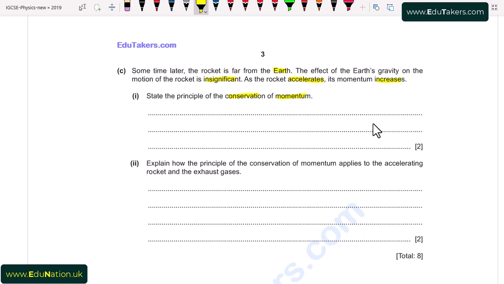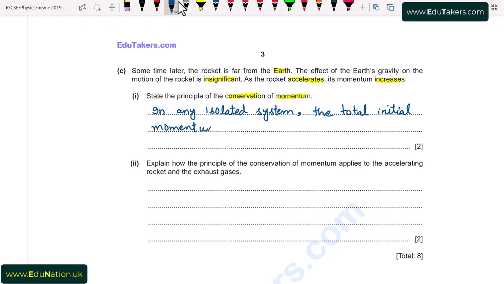So I write here, in any isolated system, the total initial momentum is equal to the total final momentum.